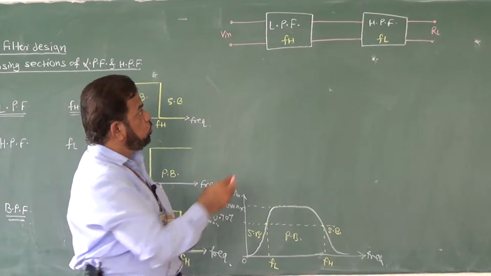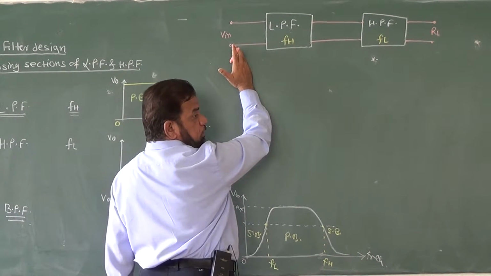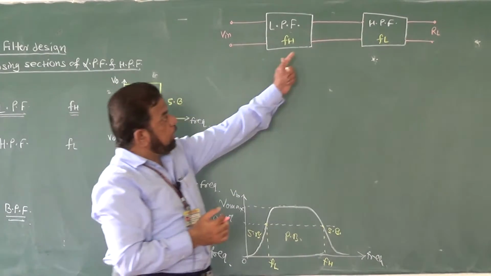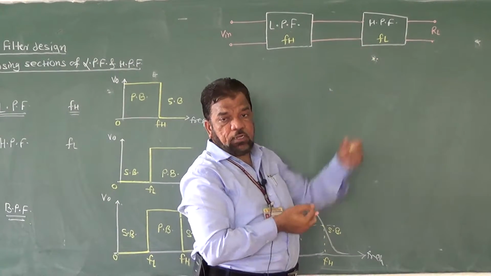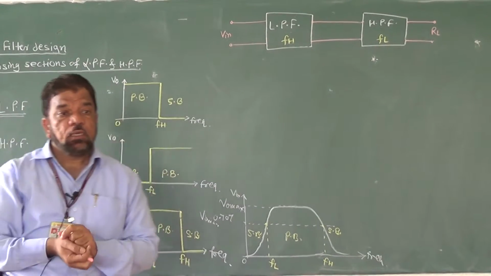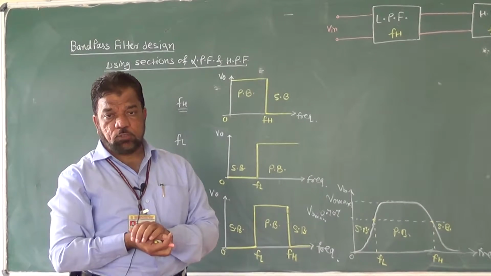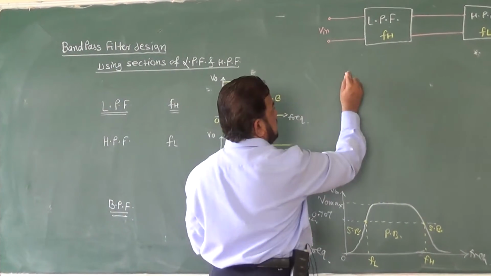So this circuit, the first section, will transmit the frequencies up to FH, whereas this circuit will transmit the frequencies from FL, where FH and FL are the cutoff frequencies of the low pass filter and high pass filter respectively. Now we have 2 distinct cases.